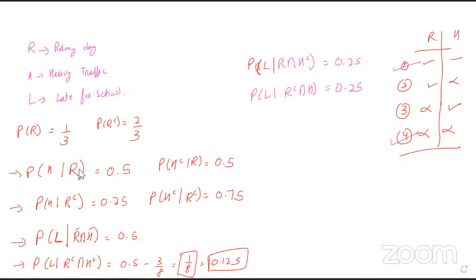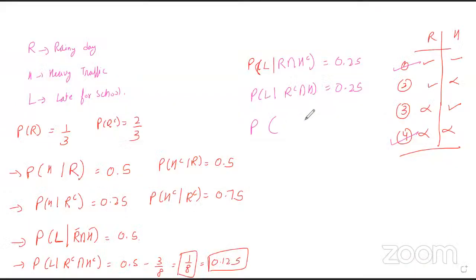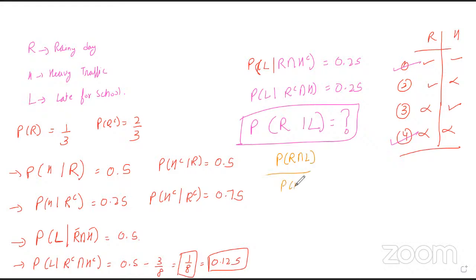Okay. And after that, if a student randomly arrives late to school, what is the probability it rained that day? So given he arrived late, you have to find the probability of raining, right? Yes, sir. So for that, what information do you need? R intersection late and probability of late. These two things you need to compute, right?